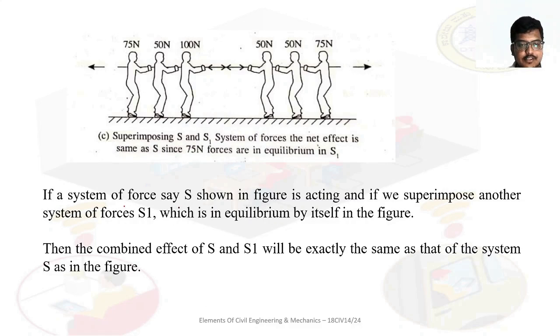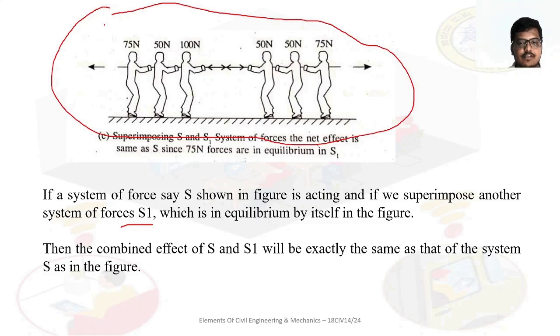If we superimpose another system of forces S1 which is in equilibrium by itself, then the combined effect of S and S1 will be exactly the same as that of the system S in the figure.